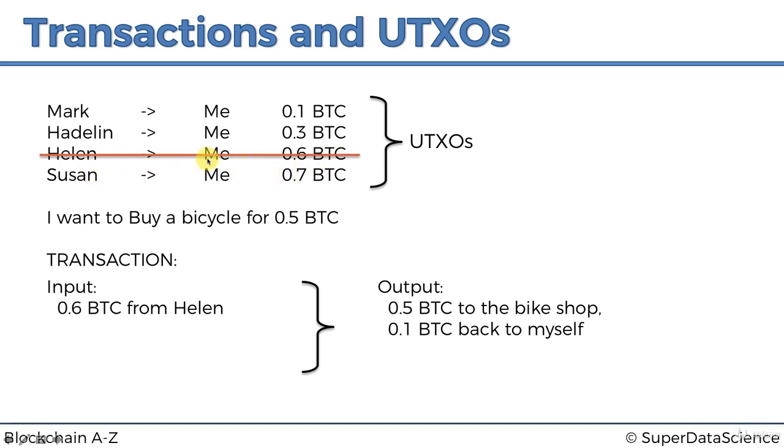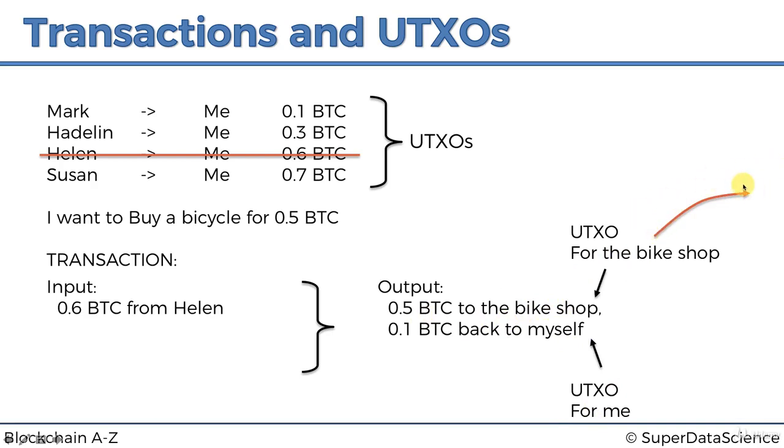It's no longer a UTXO. It's not an unspent transaction output because it's done. This transaction fed this transaction that we're building here. And now we have two new UTXOs. This is a UTXO for the bike shop, and that's a UTXO for me. So that amount is going to go into the UTXOs for the bike shop.